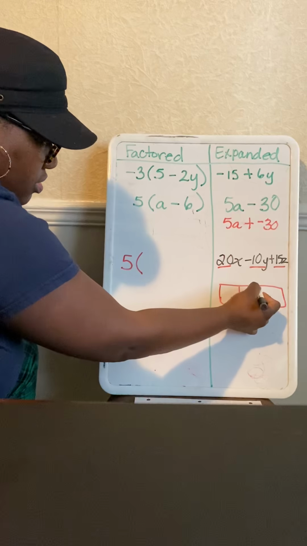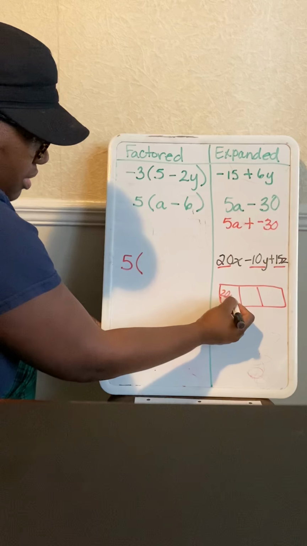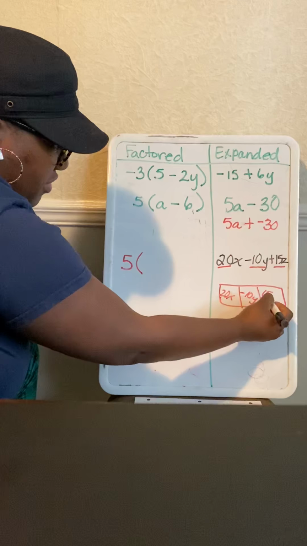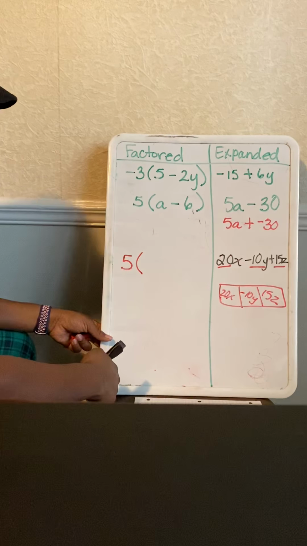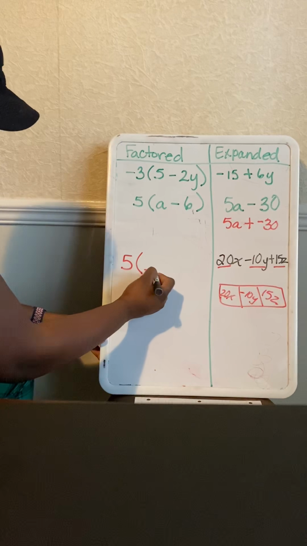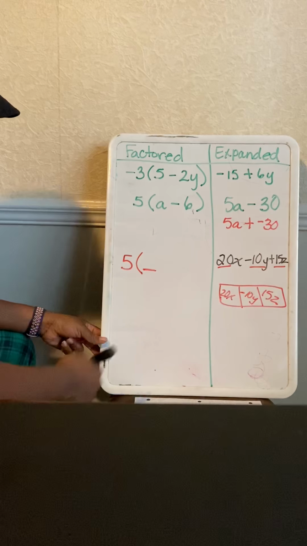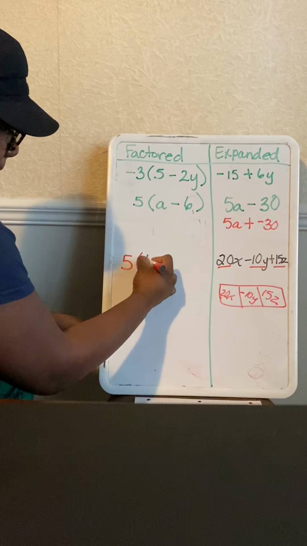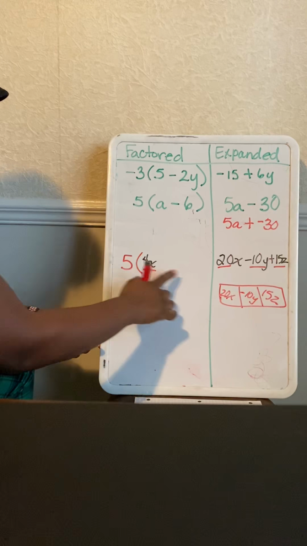It will be 20x in here, minus 10y, and here will be 15z. And you're trying to work backwards. If 5 were outside, 5 multiplied by what number would give me 20x? I know that would be 4x, because 5 times 4x is 20x.